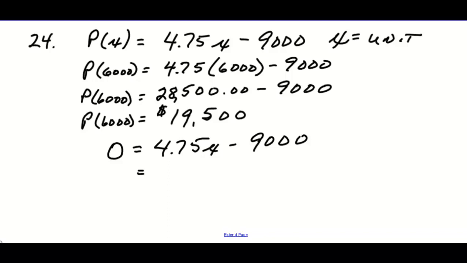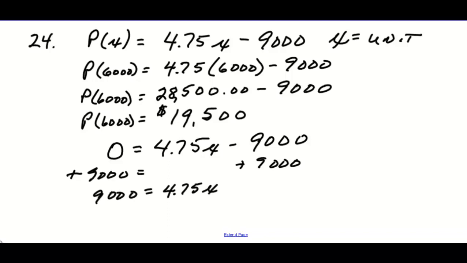So what we can do, of course, is add 9,000 to both sides. And we get 9,000 equals 4.75x. We divide both sides then by 4.75.